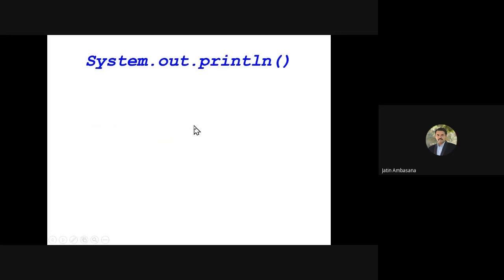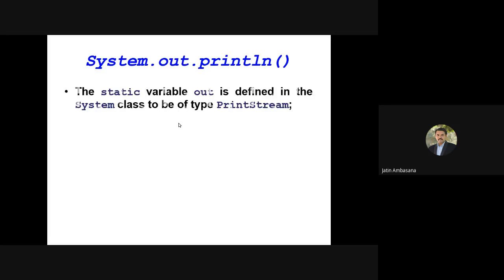If we see this, what is System.out.println? This is basically your output statement. Now, what is System? Out here is a static variable defined inside the class, so you can directly access it, like System.out.